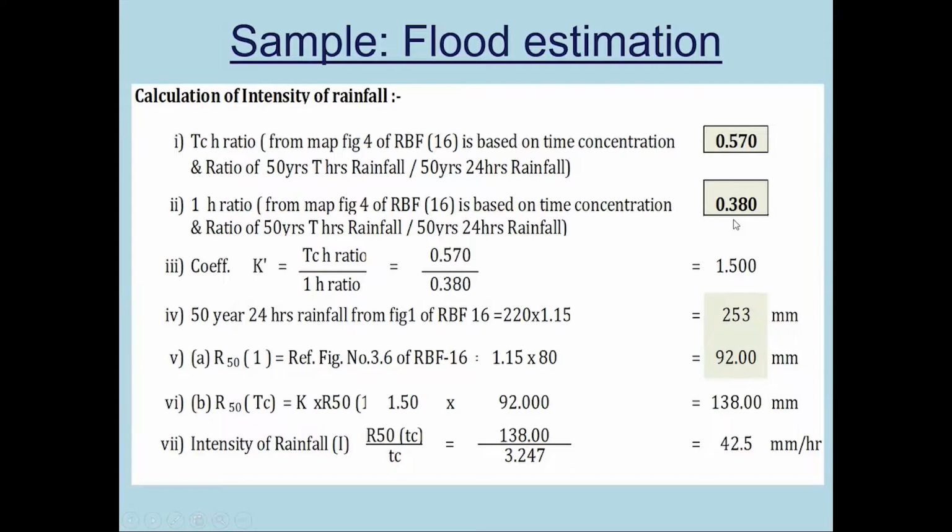That was 0.38. If I take a ratio of these two, the 24 hours value will get cut off. Even if you do not know the 50 years rainfall, that will go, and you will get a ratio of TC hours duration by 1 hour duration. This is correct. This value comes as 1.5.